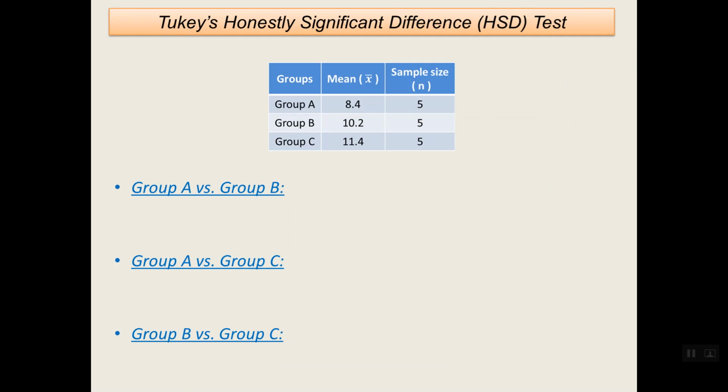Because we have three groups, A, B, and C, we have three pairs of means. First, between group A and group B, we need to calculate the absolute difference between these two means.